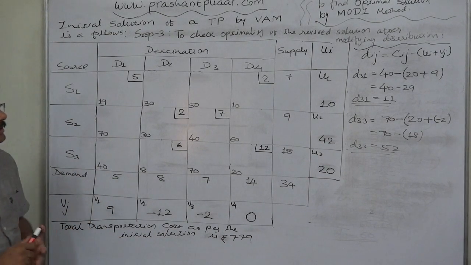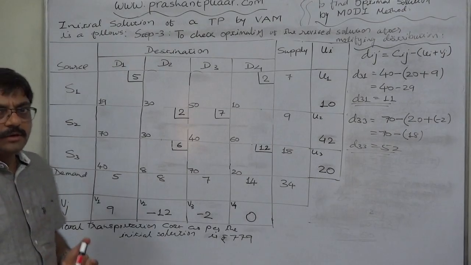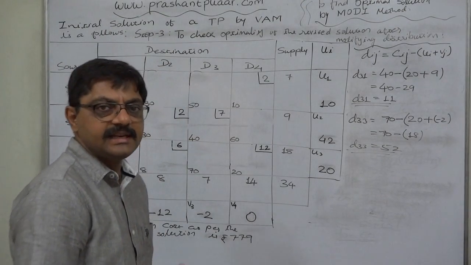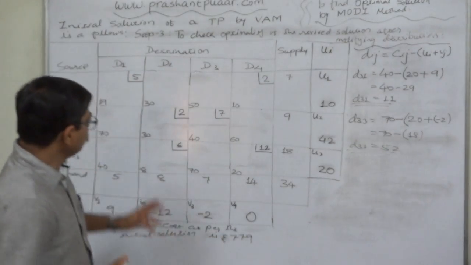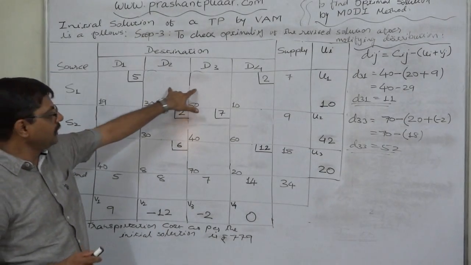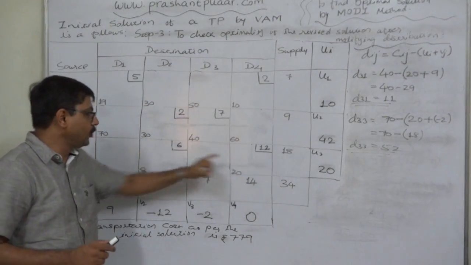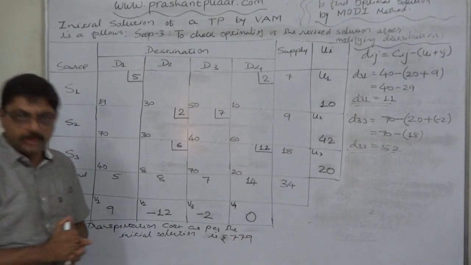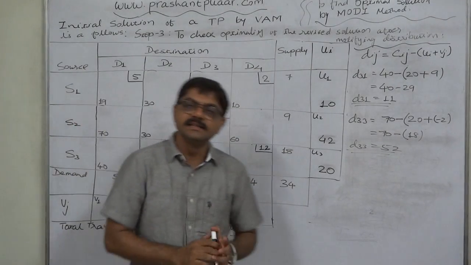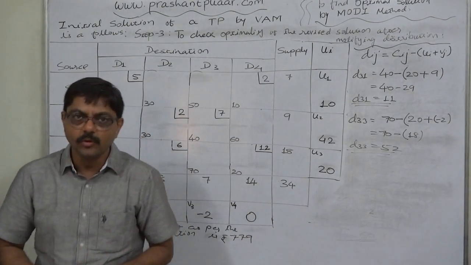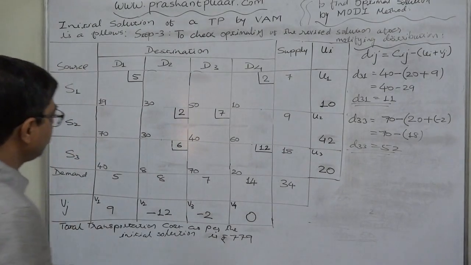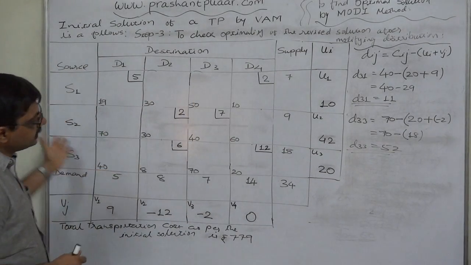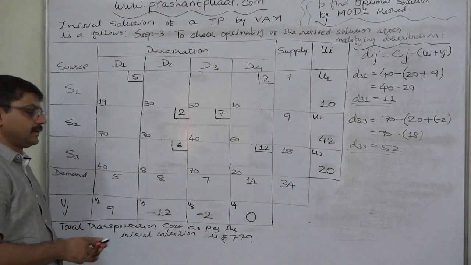So what has happened? All the 6 Dij values or opportunity costs for all the empty or unoccupied cells are positive. If all the Dij values are positive, we can conclude that this one is the optimal solution.